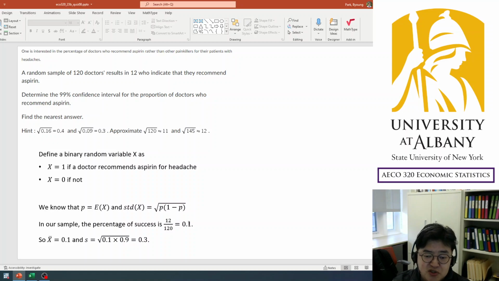That is the percentage, but also the sample average. And then the standard deviation we can calculate from the sample becomes 0.3, because p is 0.1 in the sample. So 0.1 times 0.9, and if you take the square root, 0.3 is the standard deviation. So only these two. Sample size is 120.